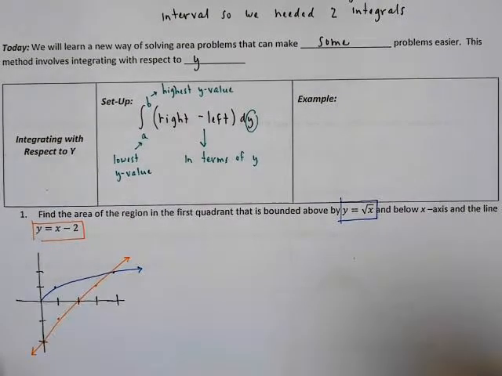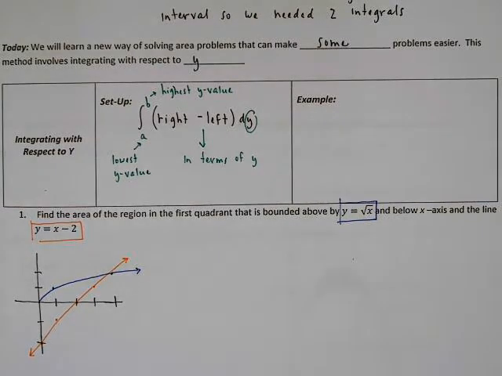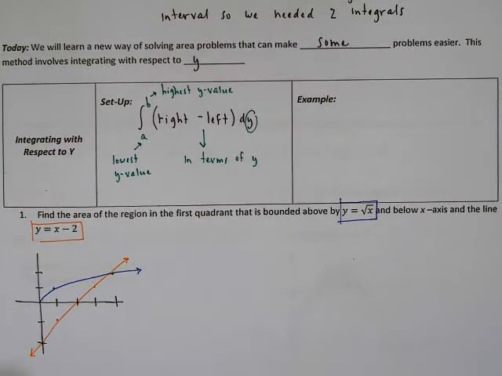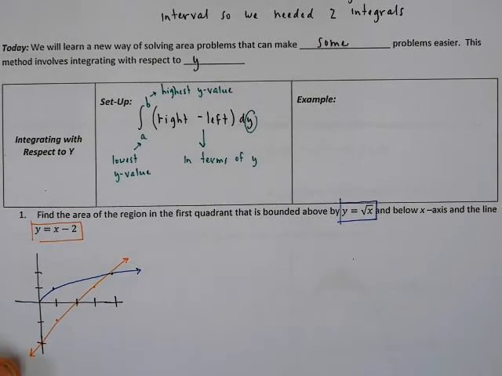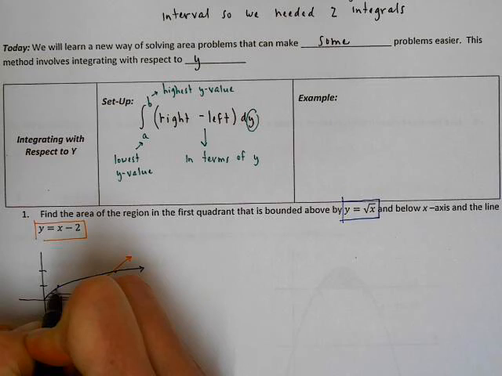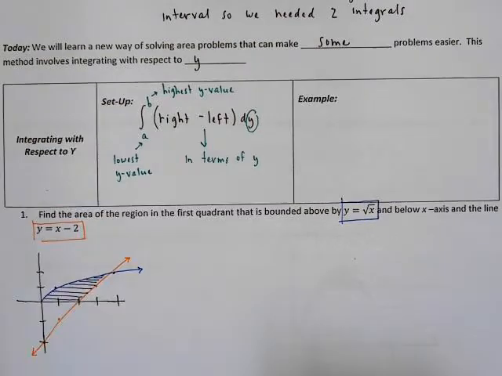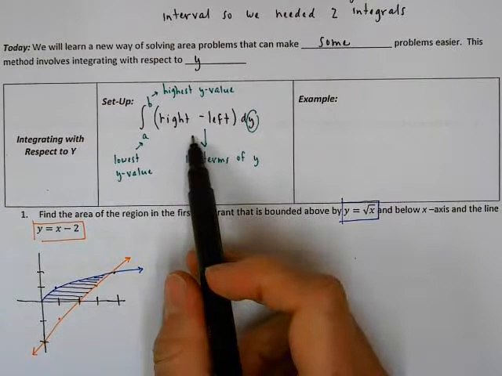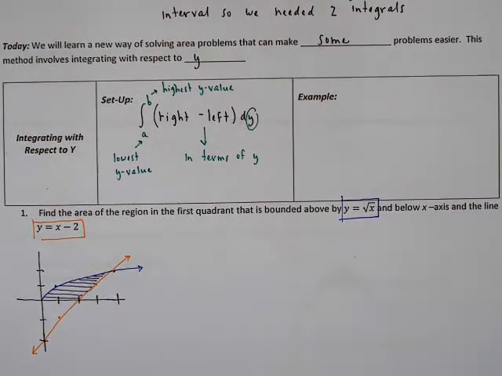All right, so we're still looking at that same region, but now here's what I want you to realize. If I'm looking at this region in the first quadrant here, if I'm integrating with respect to y, I'm going to shade it in this way just to show integrating with respect to y. And what I want you to realize now, if I look right minus left, the furthest right boundary of that curve is always going to be my orange line.